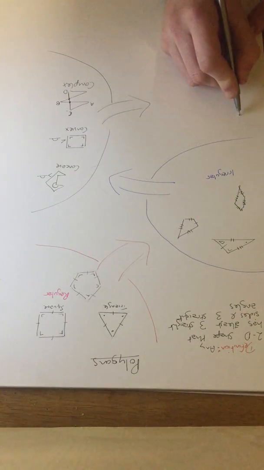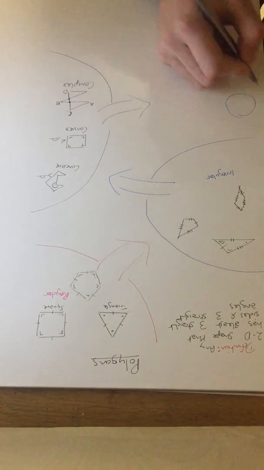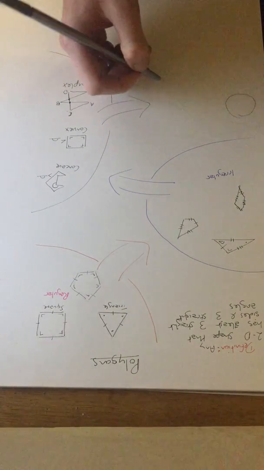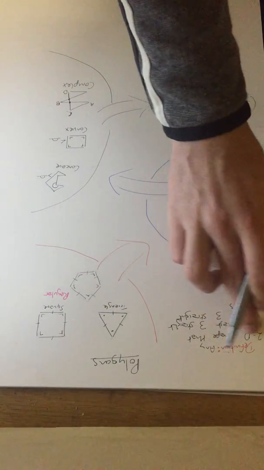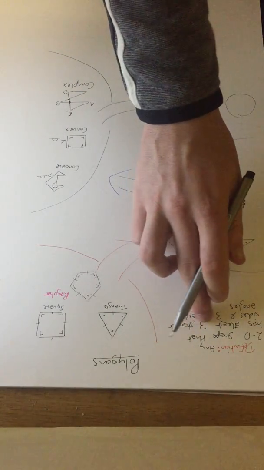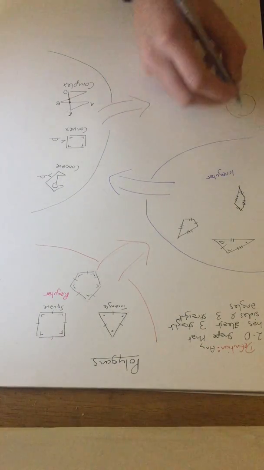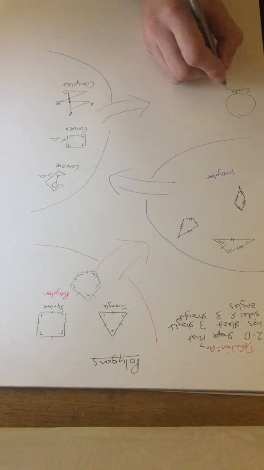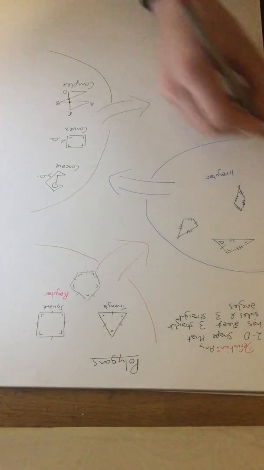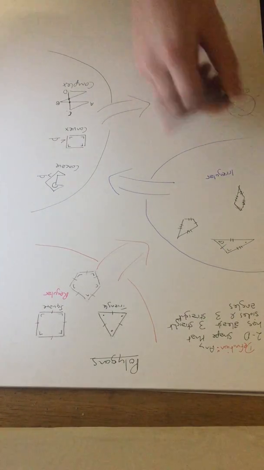We'll start off with just a circle, it's only sketched. The circle is 2D, but doesn't have any straight lines or angles. For that reason, we cannot class the circle as a polygon.